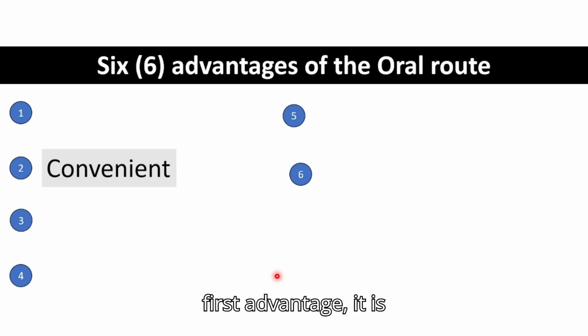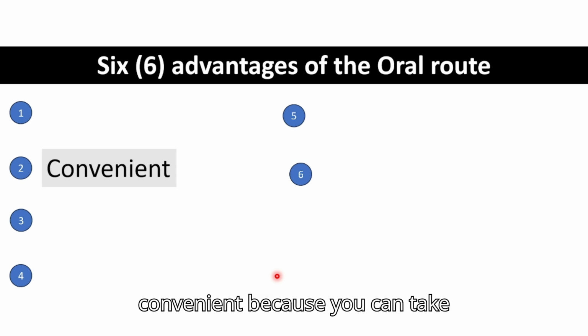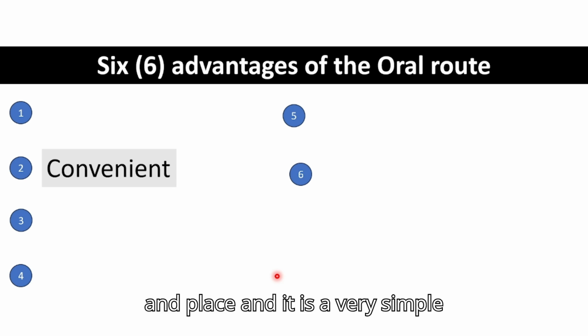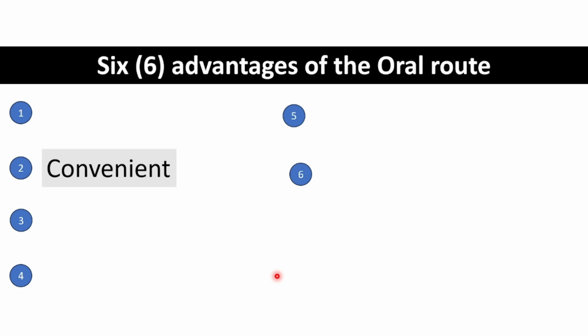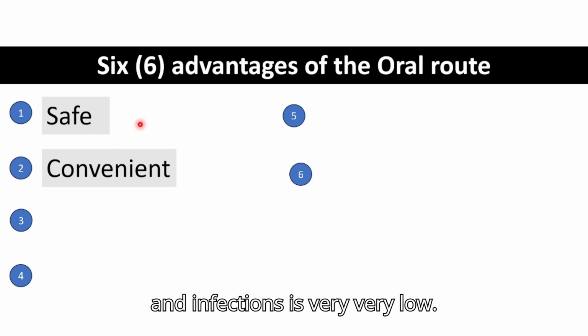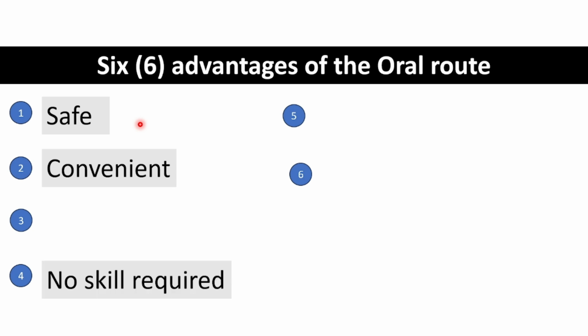So the first advantage, it is convenient because you can take medicines at any time and place, and it's a very simple route. Secondly, it is safe because it is non-invasive, and the risk of harm and infections is very, very low.